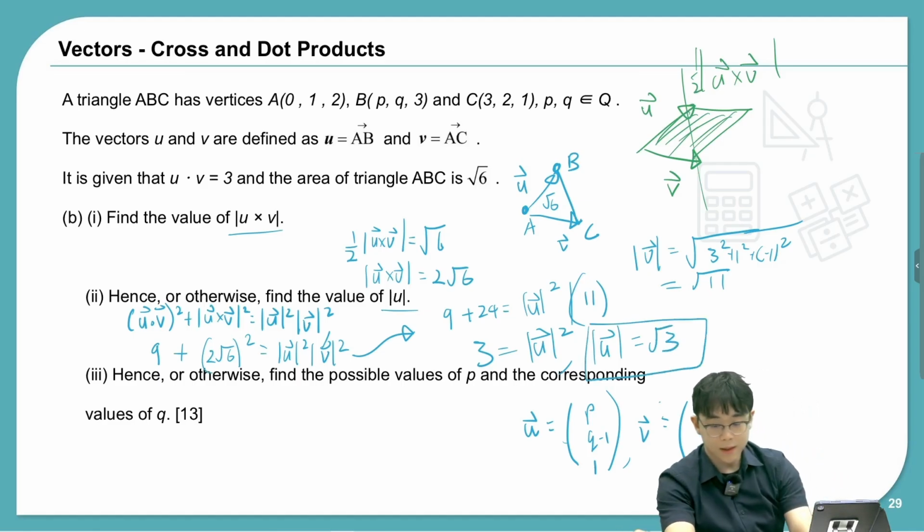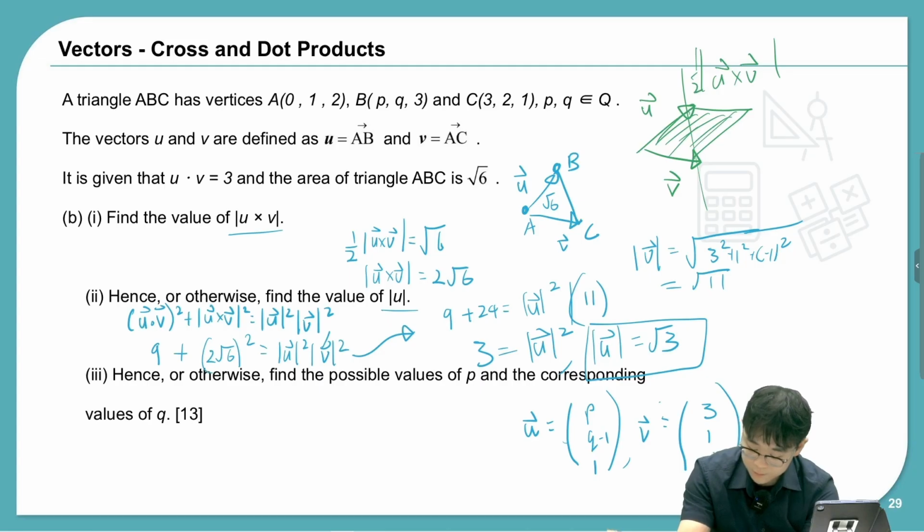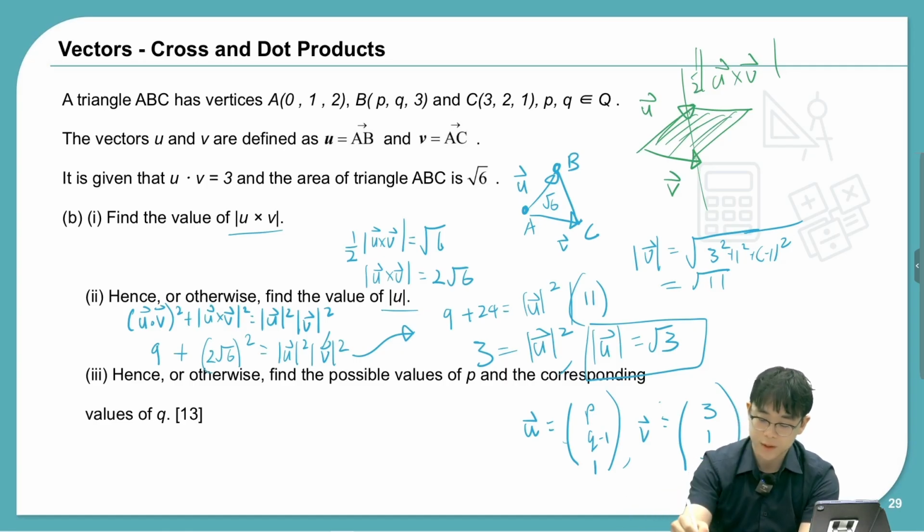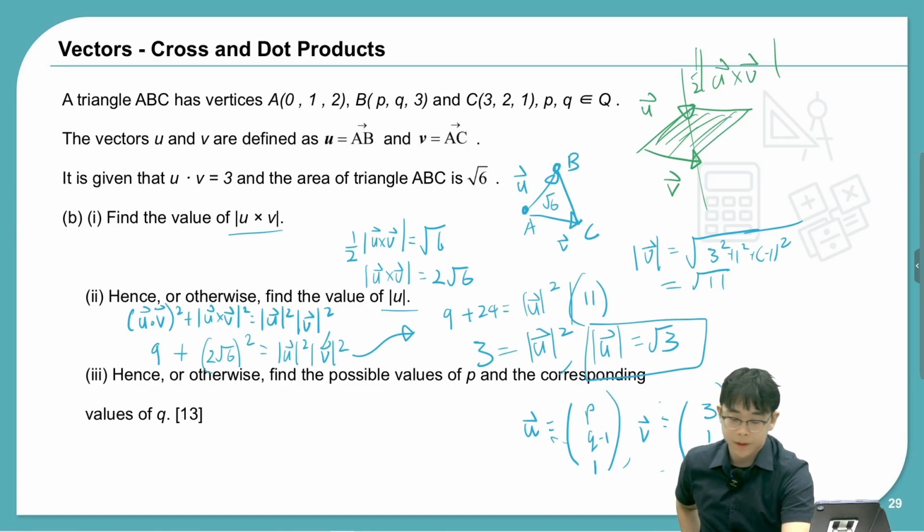Okay, next, hence or otherwise find the possible values of p and q. If you were to do that, I guess we could try using the u and v vectors we found from earlier.